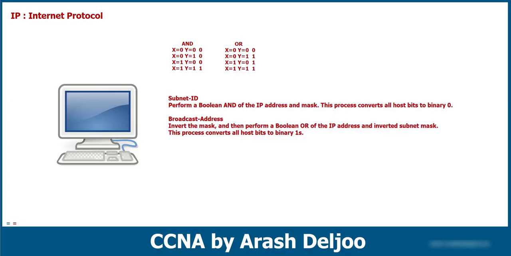For example, if I give you one IP address, you can easily find the subnet ID, the broadcast ID, and also the usable IP range in that IP. I showed you how you can find these 3 parts with 3 methods in binary and 1 method in decimal.